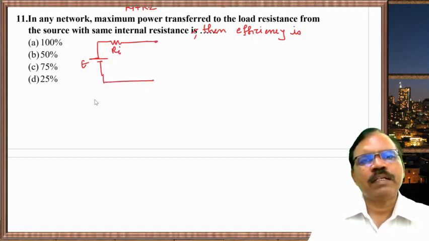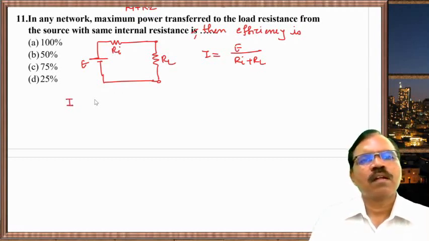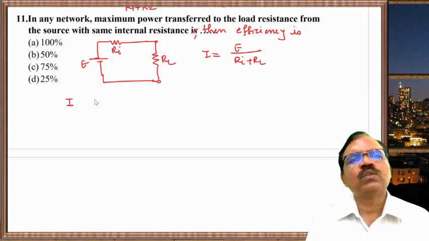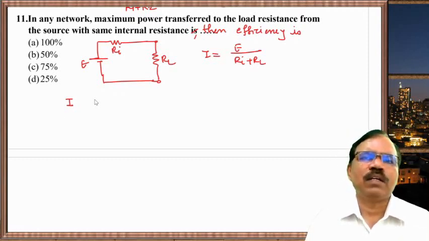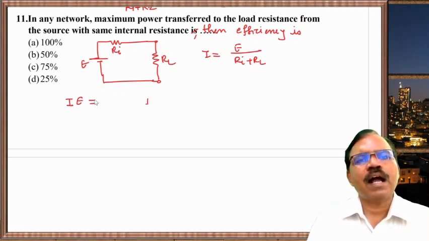These are two terminals, and across two terminals we have connected RL. So I is equal to E upon Ri plus RL. So power developed by the source and power delivered to this. So I into E, that is power generated, and I square RL, that is power delivered.